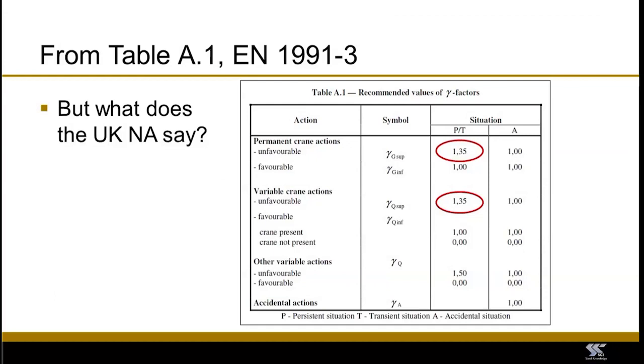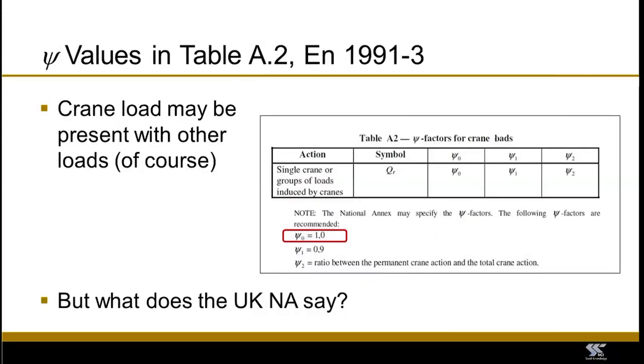For permanent actions, 1.35, and for variable actions, 1.5. So the shock to me is that after every other variable action that I'm aware of being multiplied by 1.5, all of a sudden when you get to a crane, it's multiplied by 1.35.